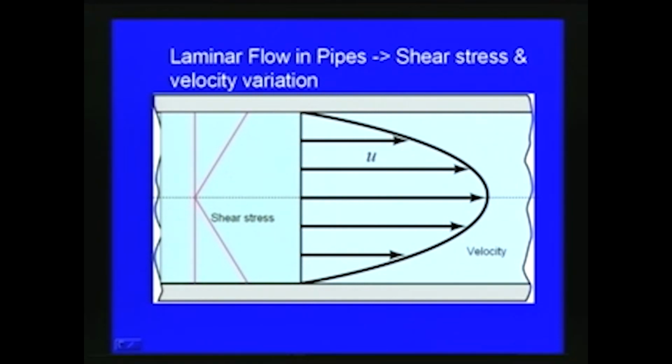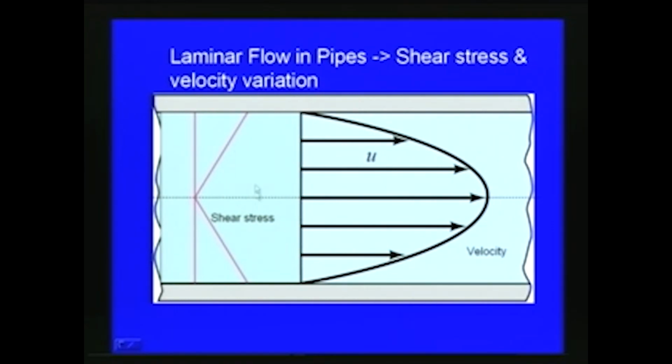So, for laminar flow in pipes you can see that the velocity will be 0 at the pipe wall and maximum at the center line, and the shear stress will be 0 on the center line of the pipe and maximum on the pipe wall.